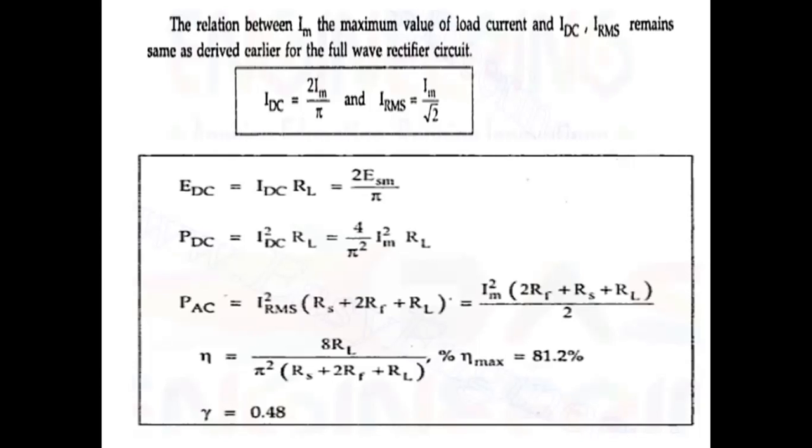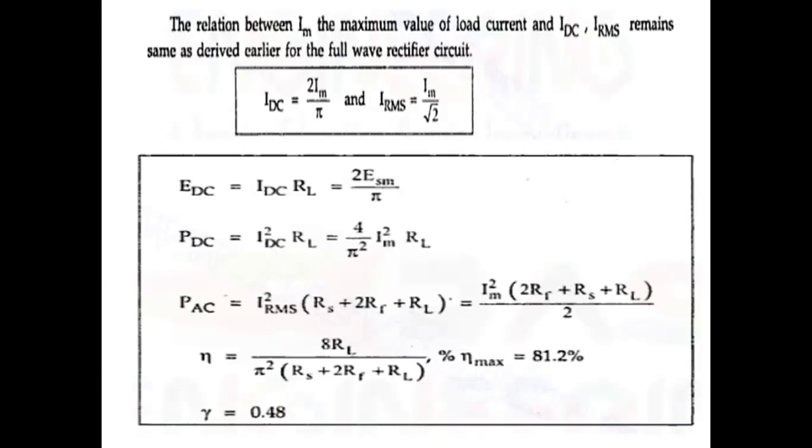We can derive them if they are asked, so derive the IDC or EDC like that. You have to apply the same relations that we used for the center tapped transformer full wave rectifier. So for the bridge rectifier, the formulas are the same as the center tapped full wave rectifier.